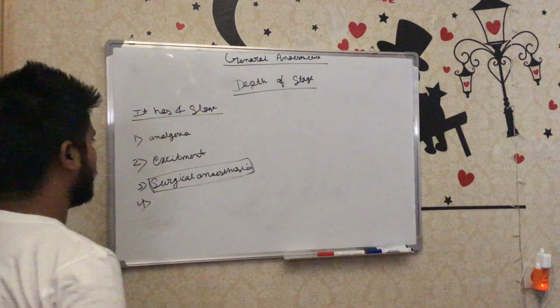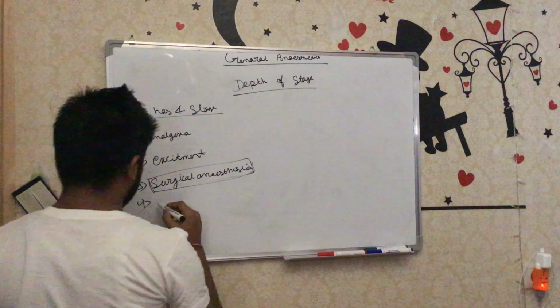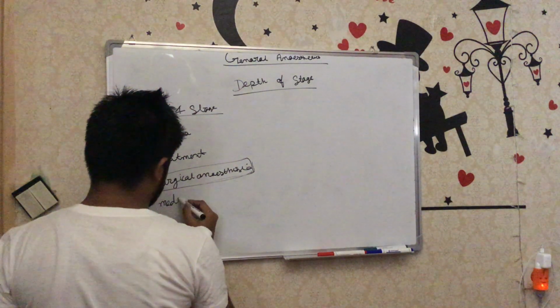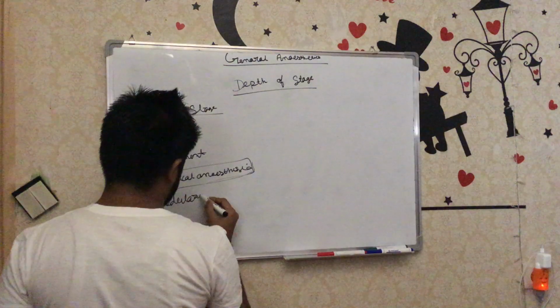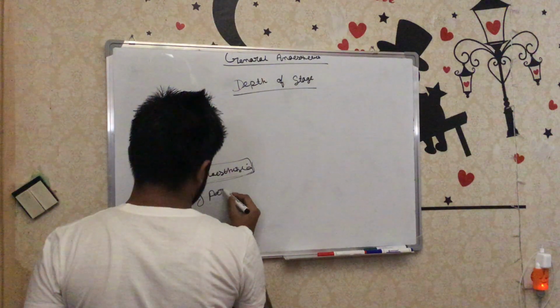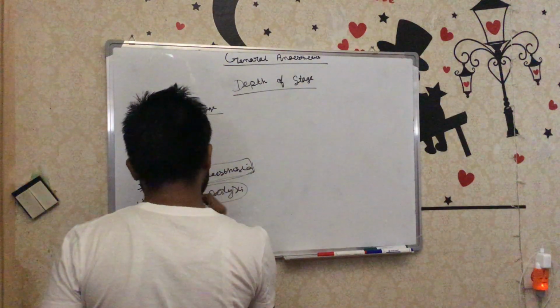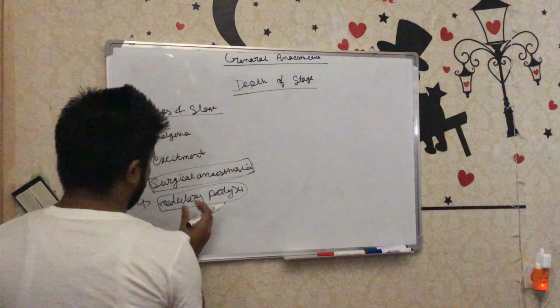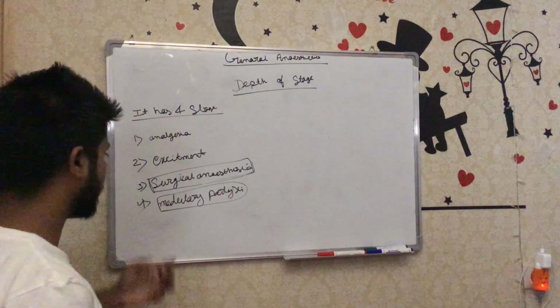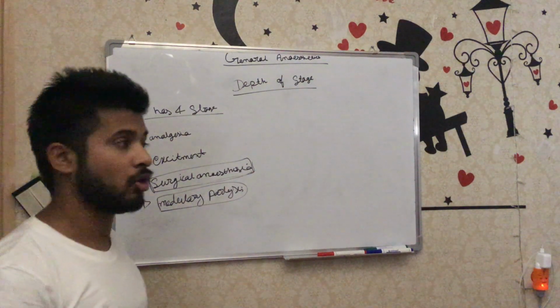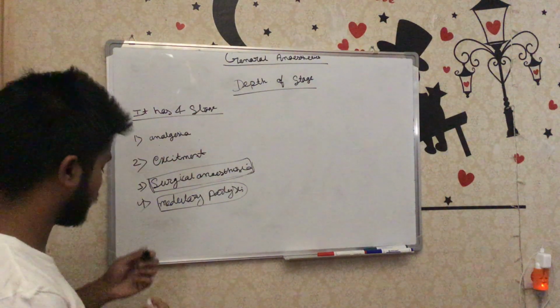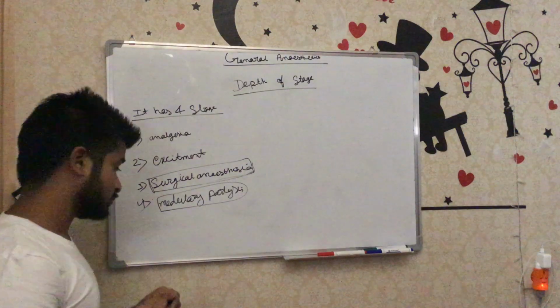The fourth is a very dangerous condition, called medullary paralysis. By the name you can see the medulla becomes paralyzed, and as we know, the medulla oblongata is a very important organ, the root of the brain.